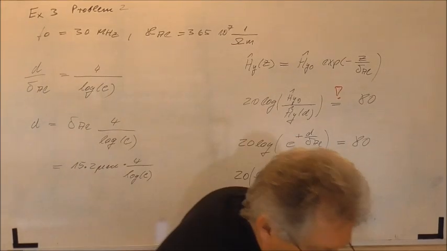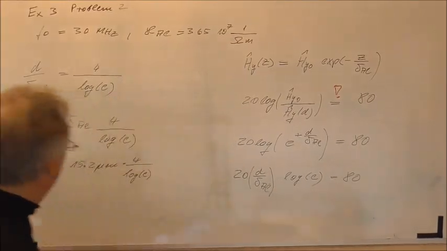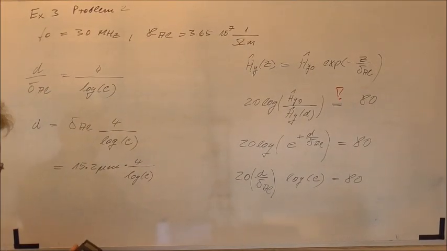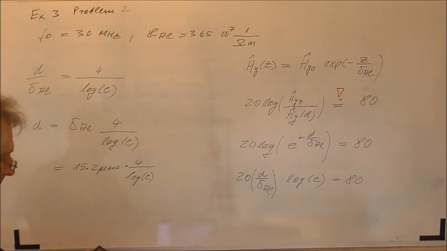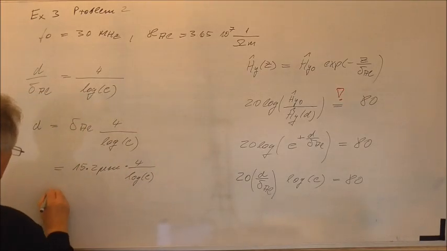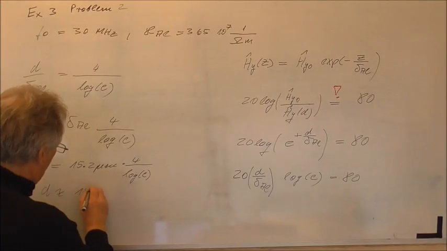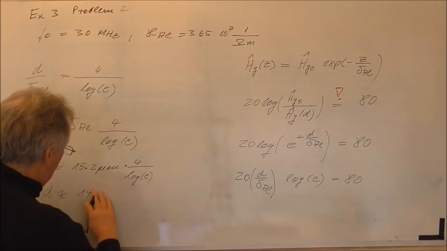I will just calculate this: 4 times 15.2 divided by log of e, and we will get that the distance d must be roughly 140 micrometer.